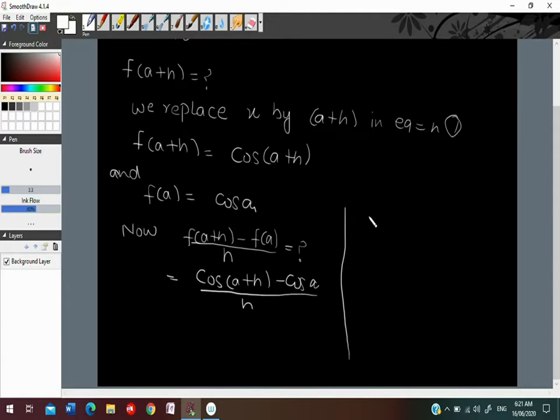We know that cos of p minus cos of q is equal to minus 2 sine of p plus q divided by 2 into sine of p minus q by 2.